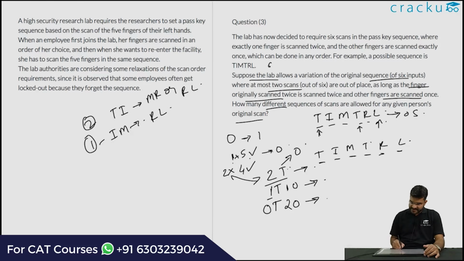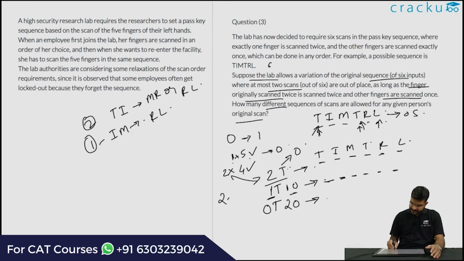Now let us look at the case where one thumb is out of place and one of the other fingers is out of place. So again let us write down the 6 blanks. Now let us select the number of ways in which we can select which thumb is out of place. This can be done in 2 ways. Now say we are selecting, for purpose of understanding, that the first thumb is out of place and the fourth thumb is correctly in place.